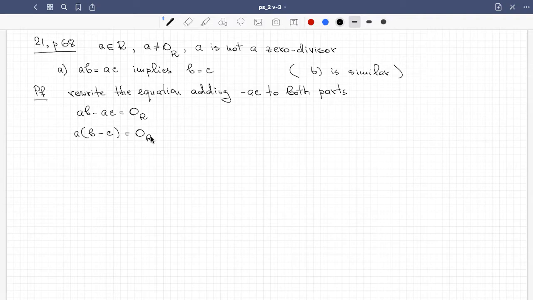And now we use that A is not 0, otherwise this of course holds whatever B and C are.